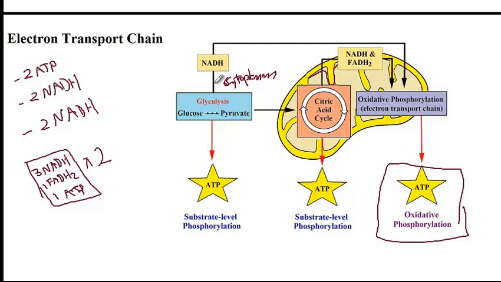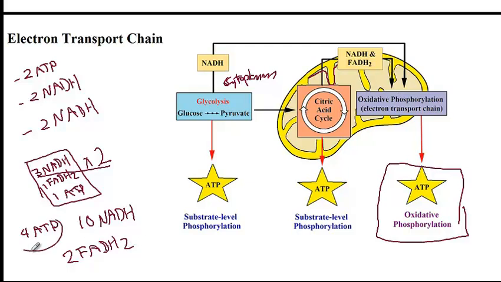So overall, all these reactions of glycolysis and citric acid cycle gave us 4 ATP, 10 NADH, so here 6 NADH right here, and then another 4 NADH there is giving us 10 NADH, and 2 FADH2.